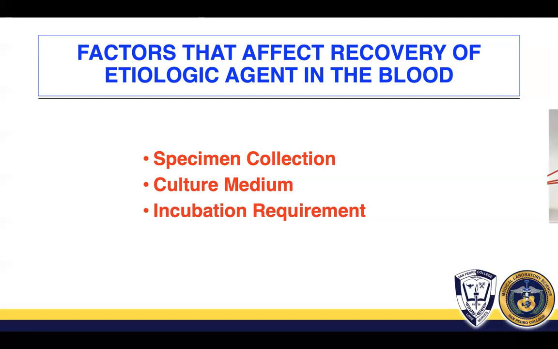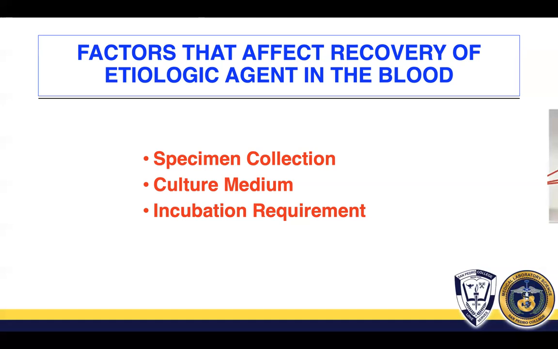Like for anaerobes, they would need increased carbon dioxide, and they should be placed inside anaerobic chambers or containers like the candle jar or the gas pack. And there are those that would need purely oxygen. So those are the things that we have to look into when we talk about incubation requirements.